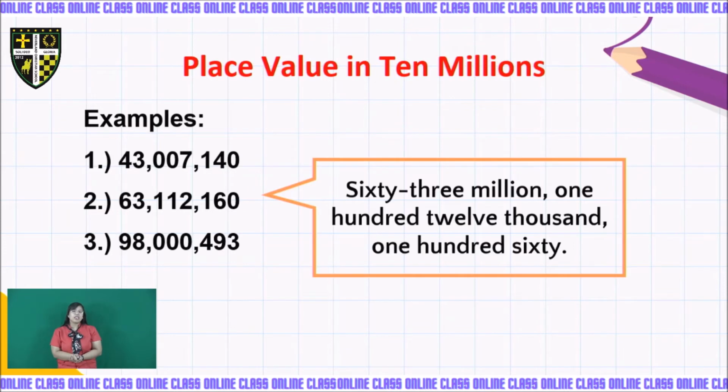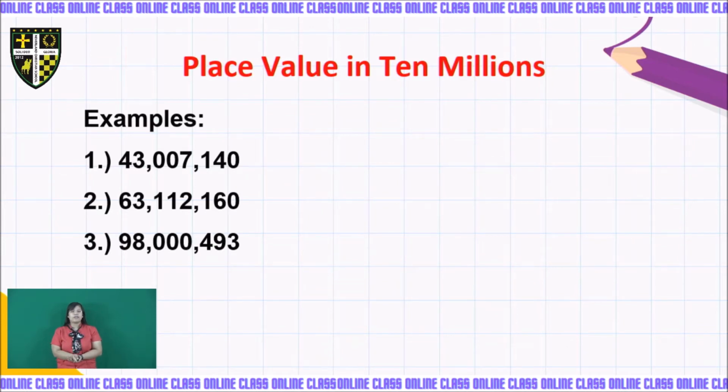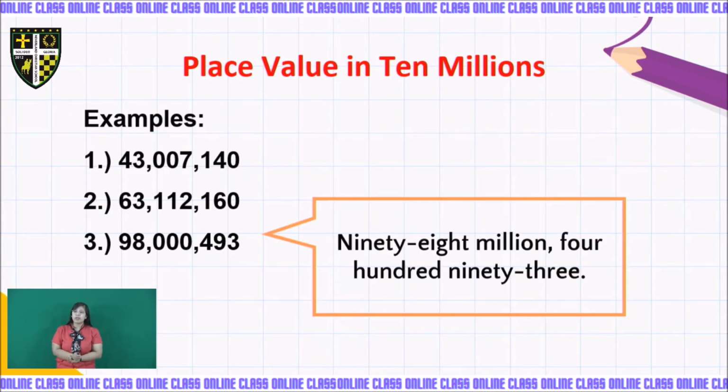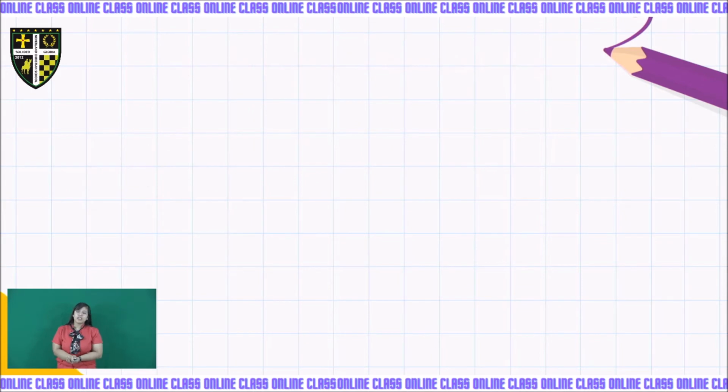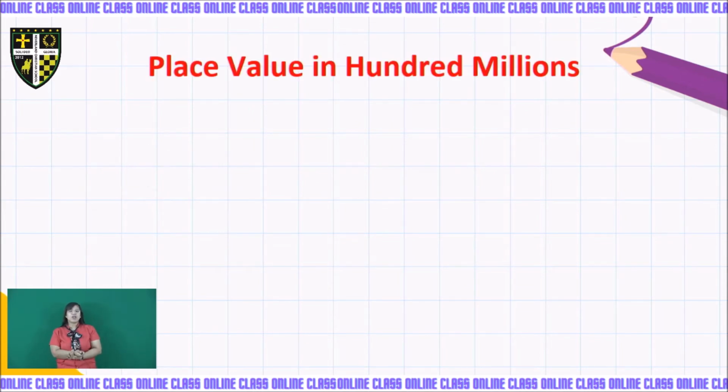The second one is 63,112,160. And the last example will be 90,800,490-3. So we will read this as 98,493. So next one, we have place value in 100 million.